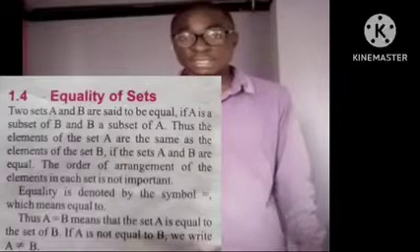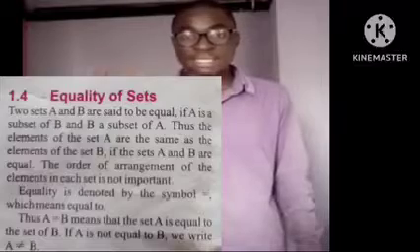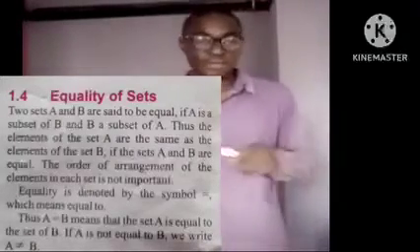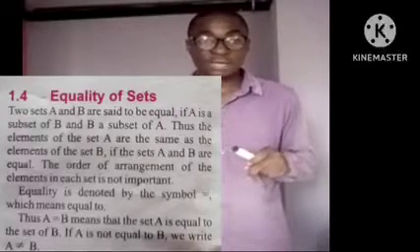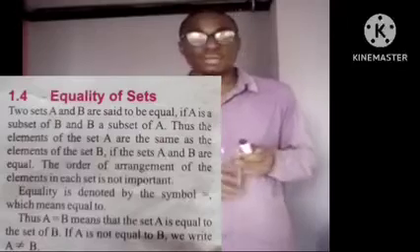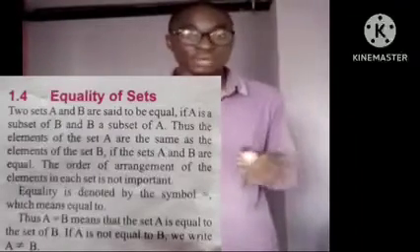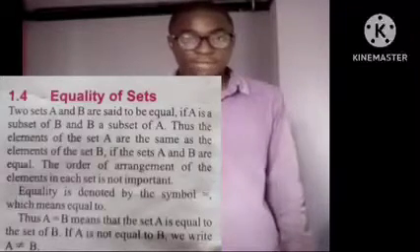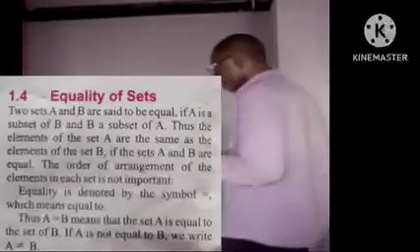Even if you have a repetition of elements, which I will explain in the next few minutes, it still doesn't matter. So if a particular set A consists of elements, there's a set notation, and the set notation is the use of curly brackets.